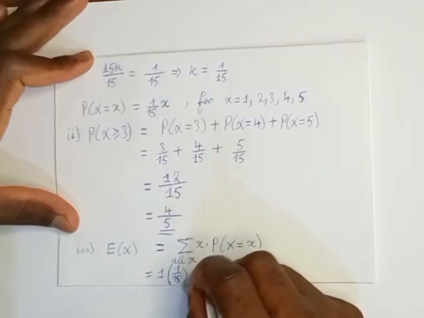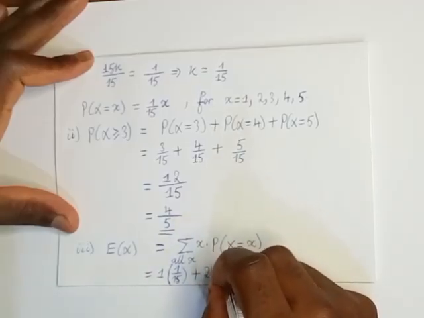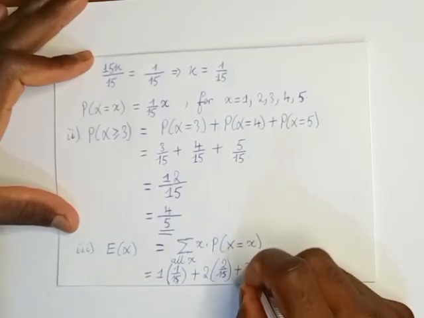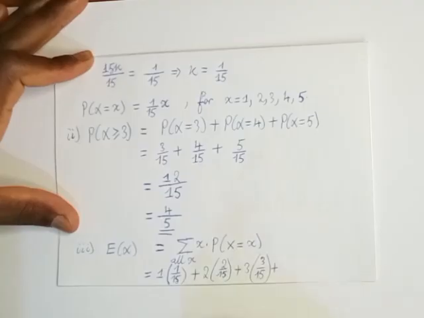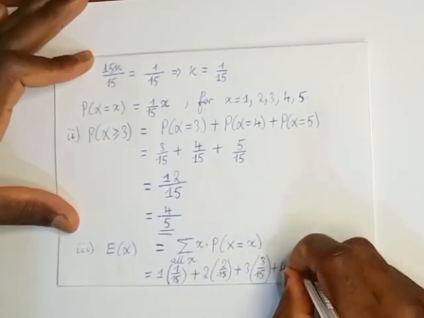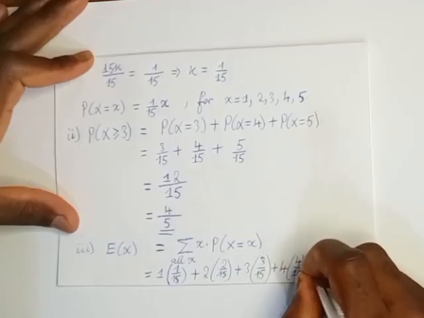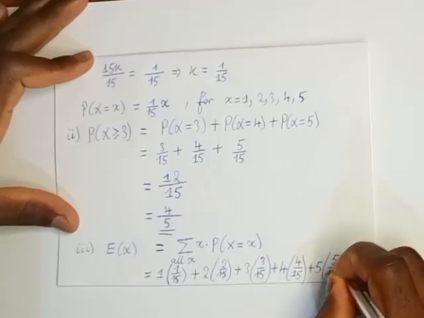Plus the next, when x is 2, times the probability, which is 2 on 15. Plus when x is 3, times 3 on 15. Plus when x is 4, times 4 on 15. Plus when x is 5, times 5 on 15.